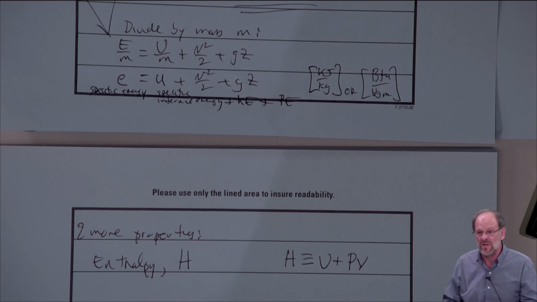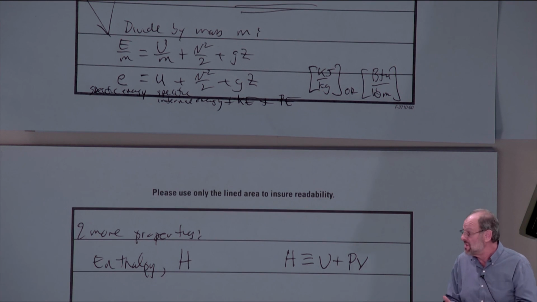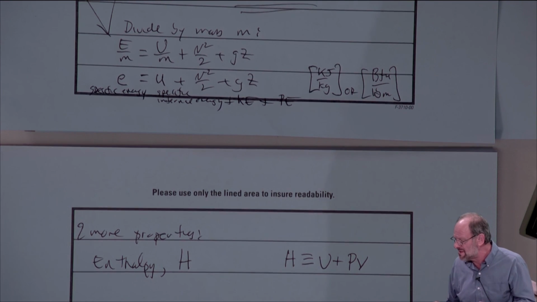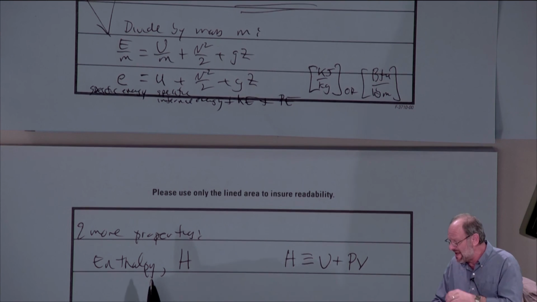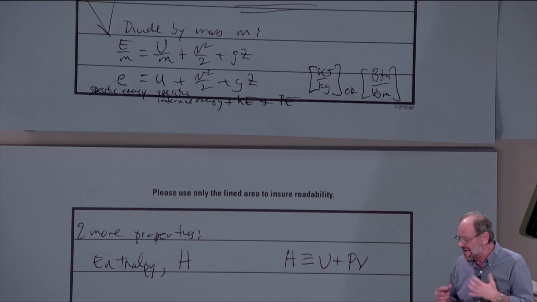It turns out you can combine properties in any mathematical way, whether it's this way, which is just algebraic, or we can also combine properties using, well, differential equations, partial differential equations. We'll look at all sorts of possibilities. But we should at least be aware that enthalpy is one of those properties that is commonly used. We don't really know why we're going to use it. We don't know how we're going to use it. But just be aware that it is a property, and we will use it.